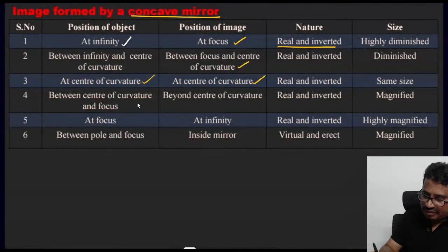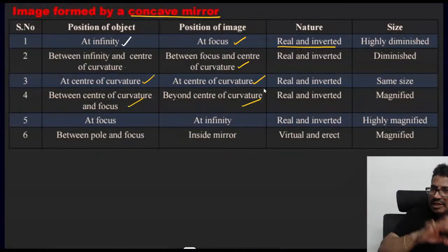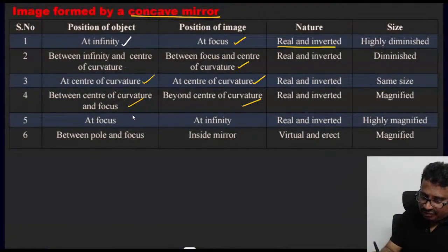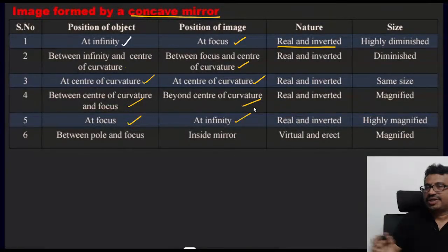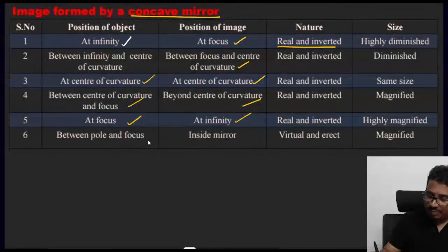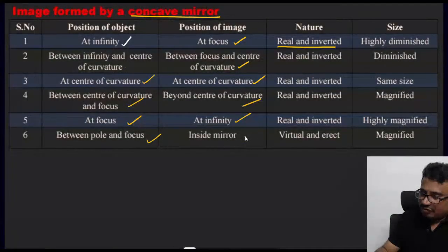If it is in between center and focus, the image will form beyond the center. If the object is at focus, the image will form at infinity. And if it is between pole and focus, the image will form inside the mirror.